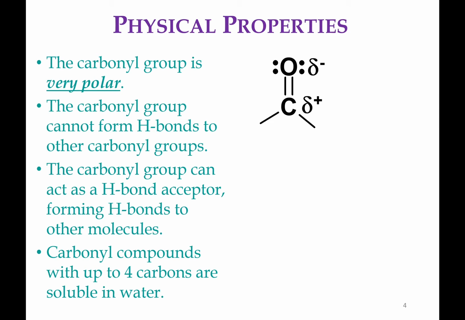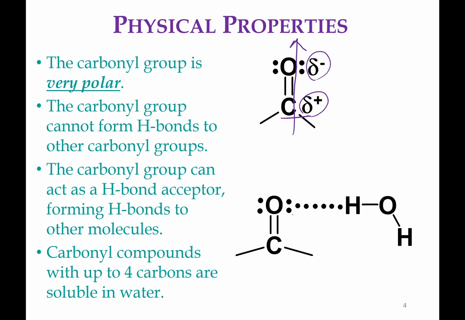So the carbonyl group is going to bring up some special properties because it's very polar. The carbonyl group can't form hydrogen bonds with itself, but it does have a dipole that is going to make our dipole-dipole interactions. It can accept hydrogen bonds from water, so we can see that it's going to be more soluble in water than it would be otherwise.